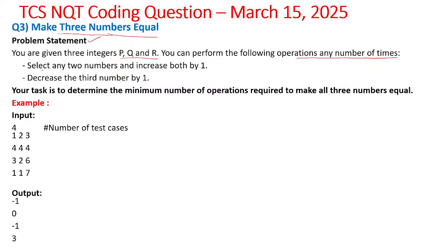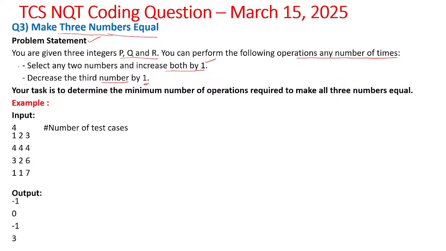So what operations? The first one is select any two numbers and increase both by 1. Out of these three numbers, we should increase those two selected numbers by 1. This is the first operation you can perform. Then decrease the third number by 1. The remaining third number we should decrease by 1.